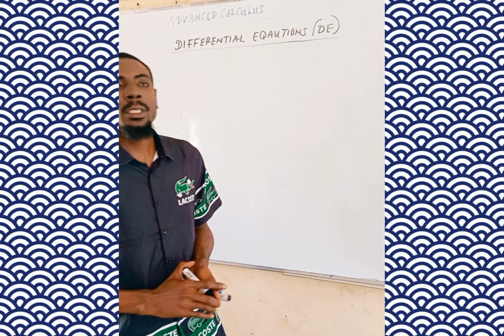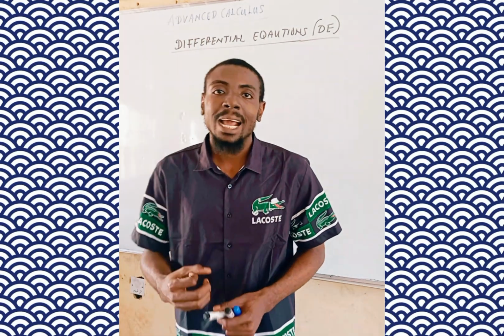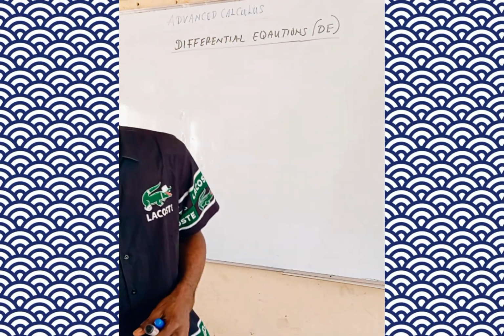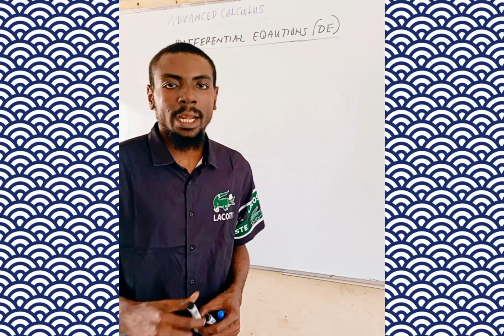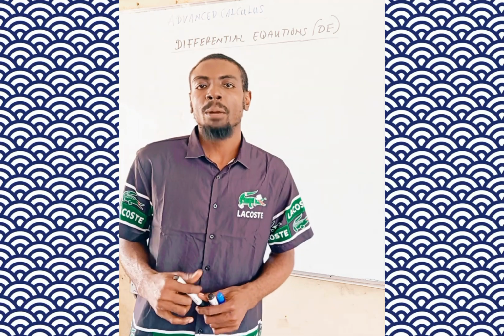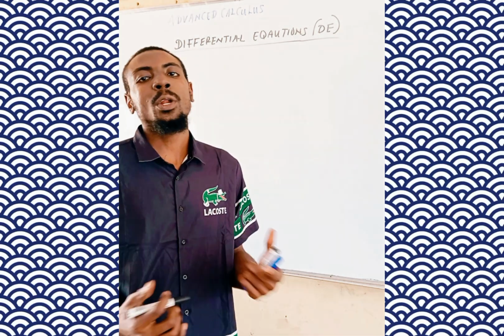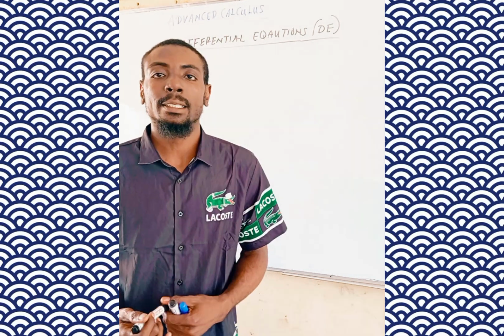By definition, a differential equation is defined as the relationship between an independent variable x, a dependent variable y, and one or more derivatives of y with respect to x.